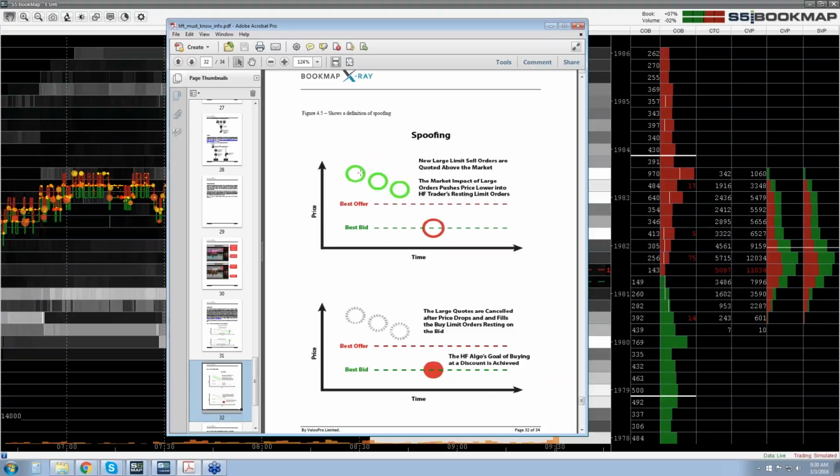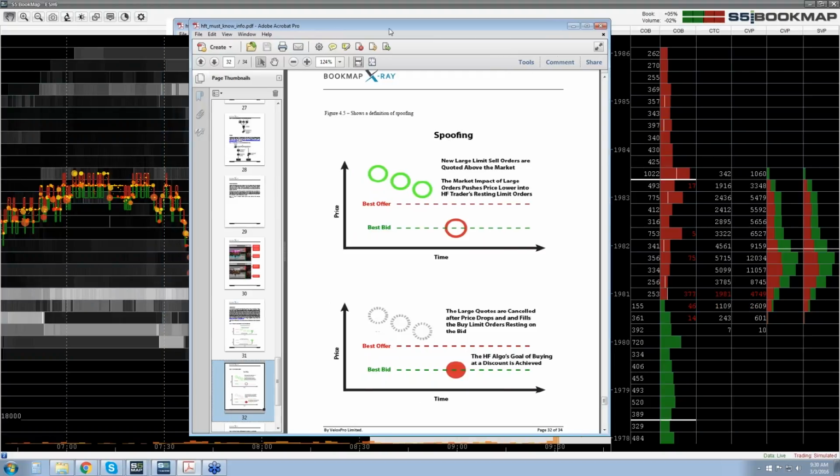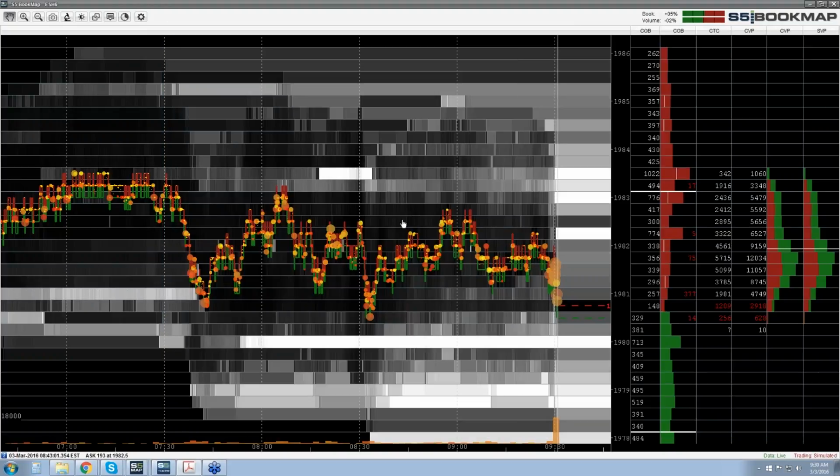But as soon as that high liquidity shows up in the book and flashes, it changes the slope of the limit order book, price presses down into that best bid, it fills this area, then these orders cancel. So the goal to fill these orders has taken place, and then we're able to move on.